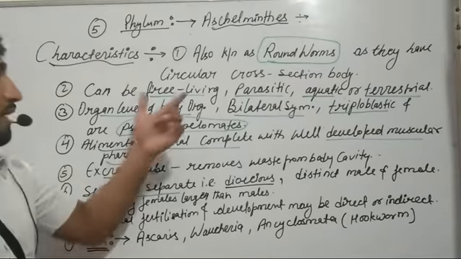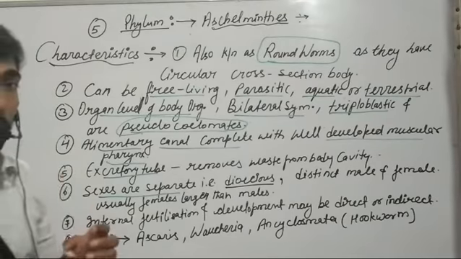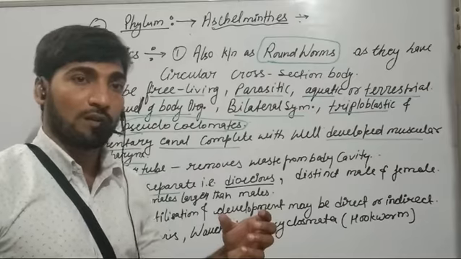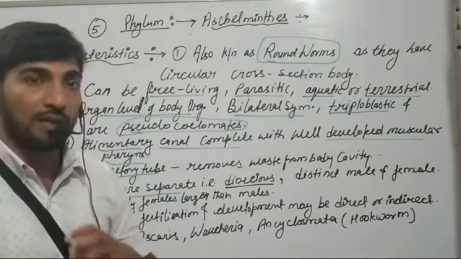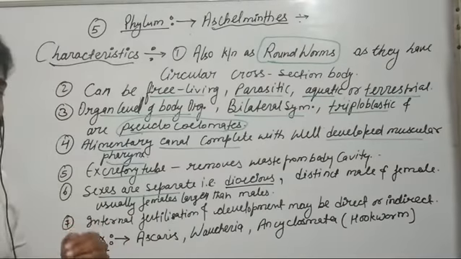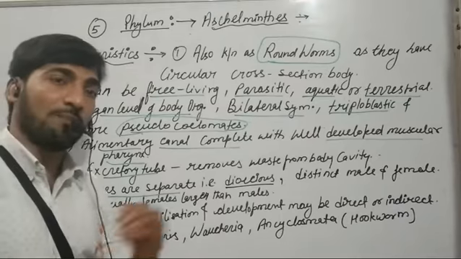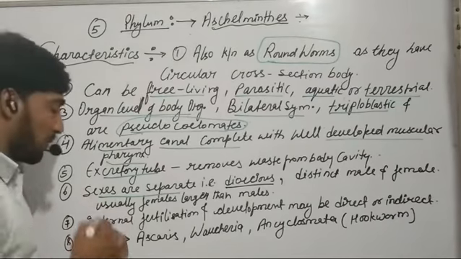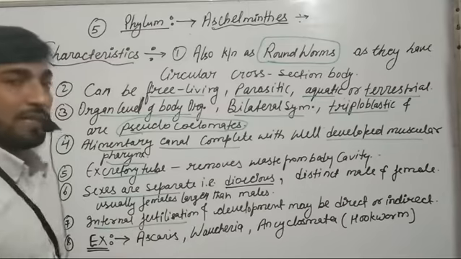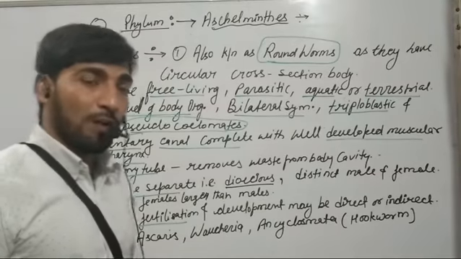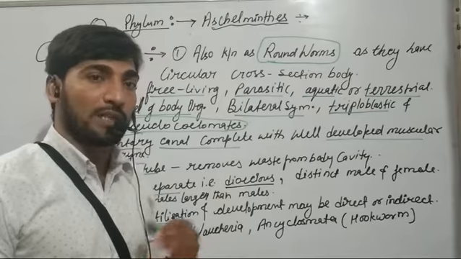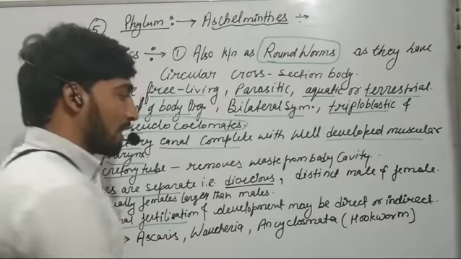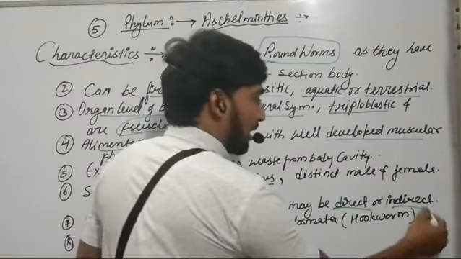And in Aschelminths, the females are longer than the males in size. Further, they carry out sexual reproduction with internal fertilization, and development of the embryo can be direct or indirect.